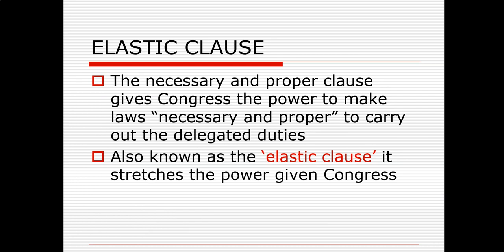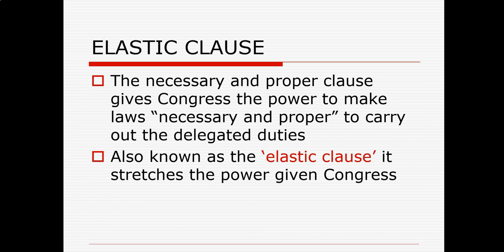Now, the elastic clause is really important in order for Congress to do its job. It is also known as the necessary and proper clause, as it gives Congress the power to make laws necessary and proper to carry out the delegated duties.